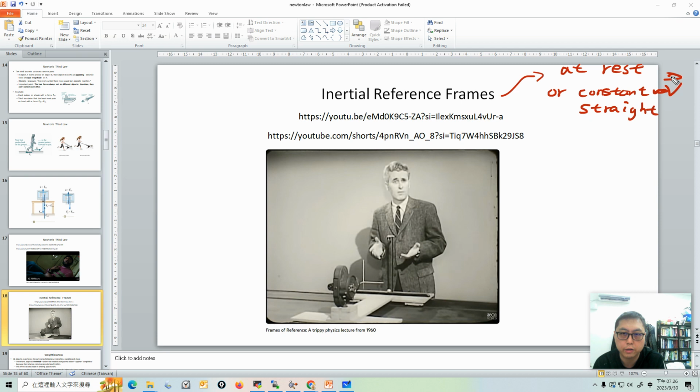If your reference frame, or your coordinate system, stays at rest or moves at constant speed in a straight line, that's called an inertial reference frame. And there is also a non-inertial reference frame.